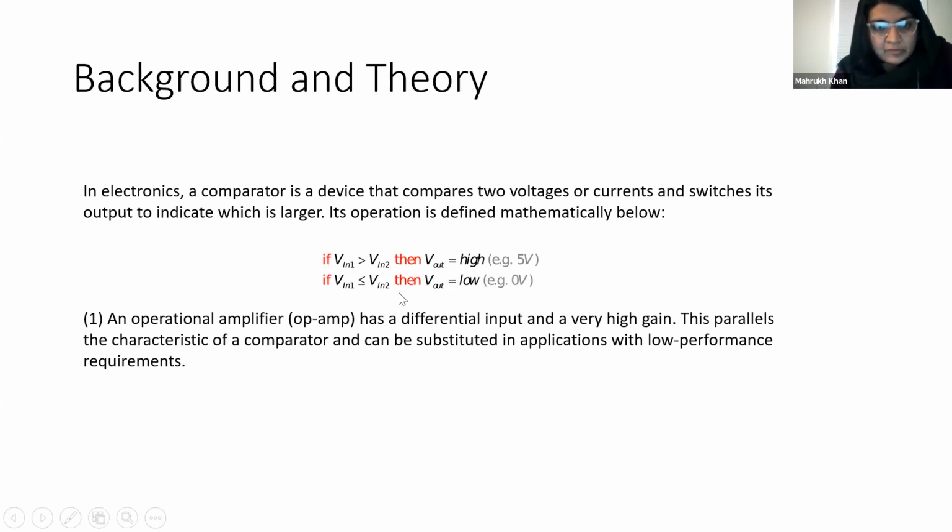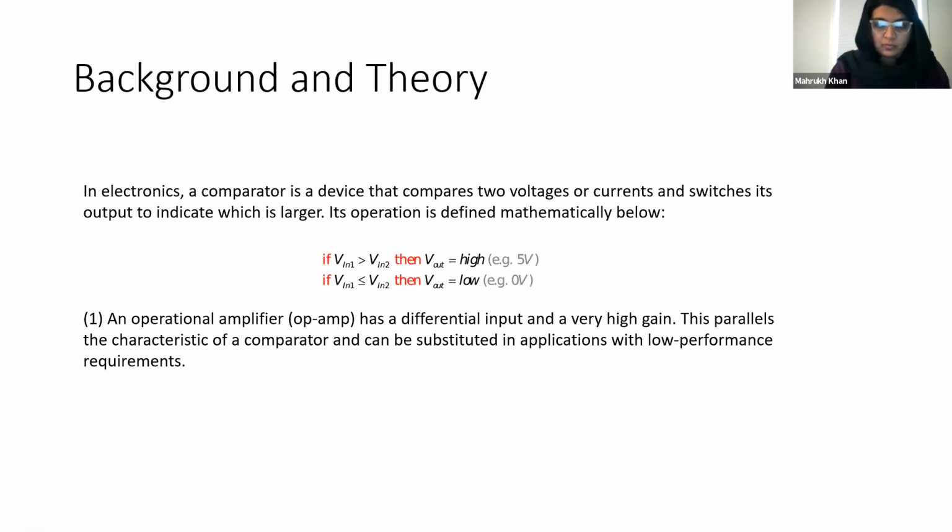And if it is less than the second voltage, your output voltage will be low. So we are comparing two voltages and currents. For that, we are using an operational amplifier, which has a differential input and very high gain. This parallels the characteristics of a comparator and can be substituted in applications with low performance requirements.